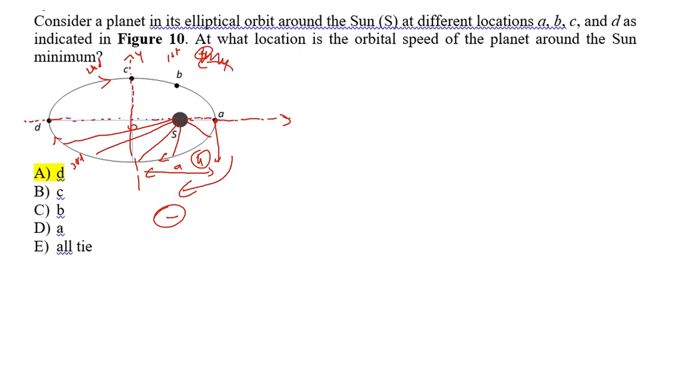If I'm rotating clockwise and I start from here, R is increasing, which means the speed is decreasing. And now when I reach here, the distance starts decreasing, and the speed starts increasing. So I'm decelerating in the 3rd and 4th quadrants, and I'm accelerating in the 1st and 2nd quadrants.